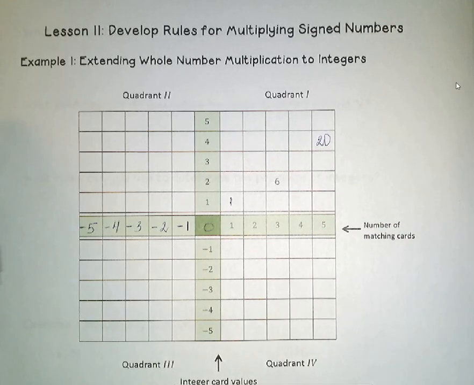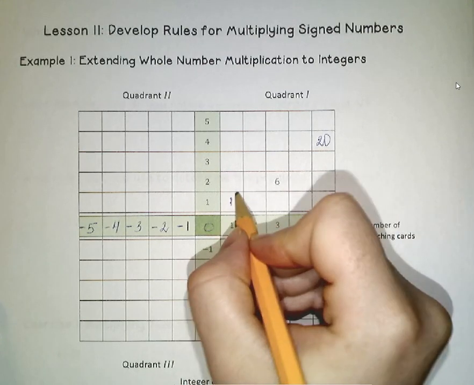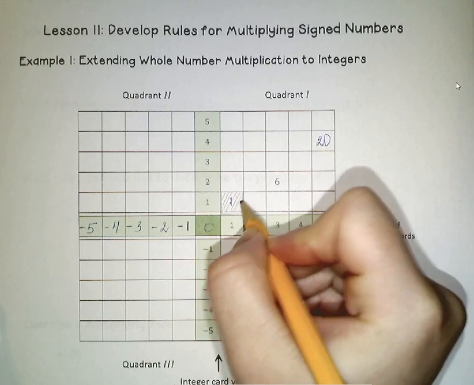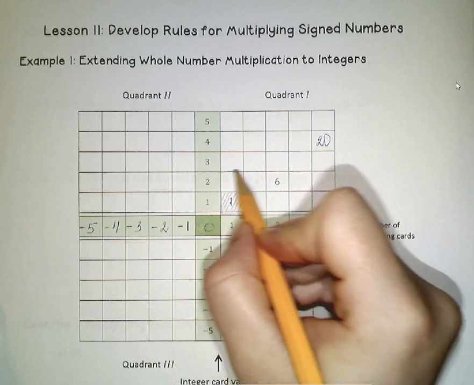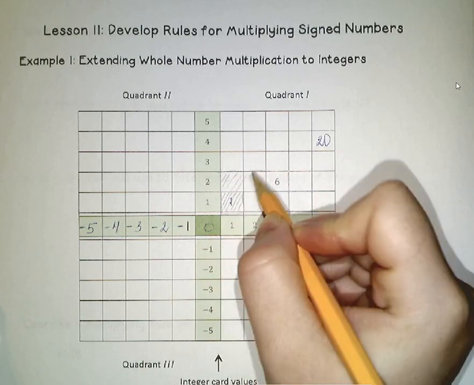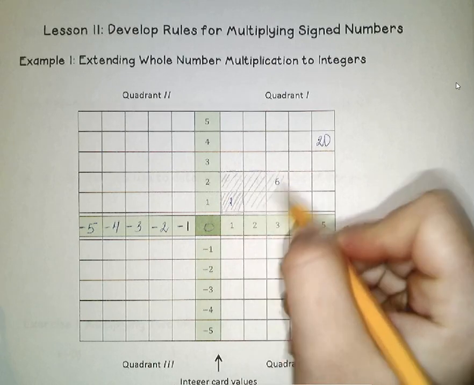And you can also see here, if I were to shade in the area covered by these numbers, you will see that 1 times 1 is 1, right? 2 times 3 covers the area of 6 squares, right?